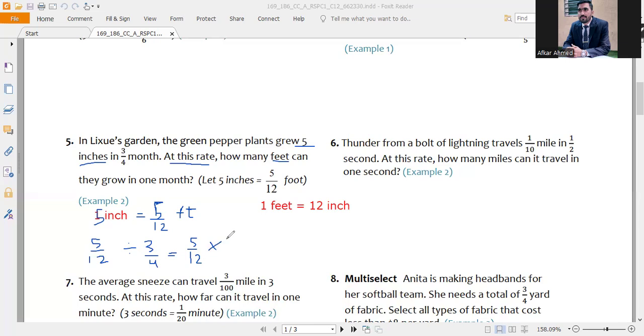Times 4 over 3. Now 5 times 4 will be 20, and 12 times 3 will be 36. If you want to simplify this fraction, both numbers are multiples of 4, so I will divide both by 4. 20 divided by 4 gives 5, and 36 divided by 4 gives 9. So this is the answer for this question.